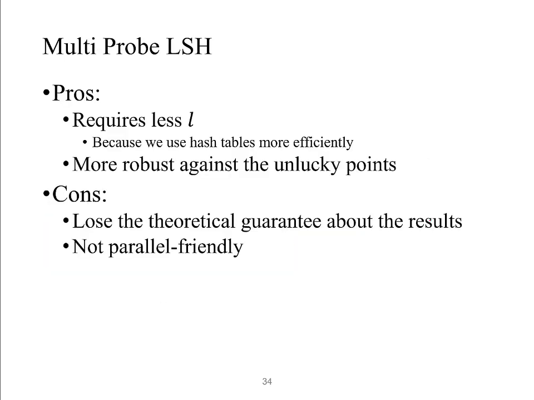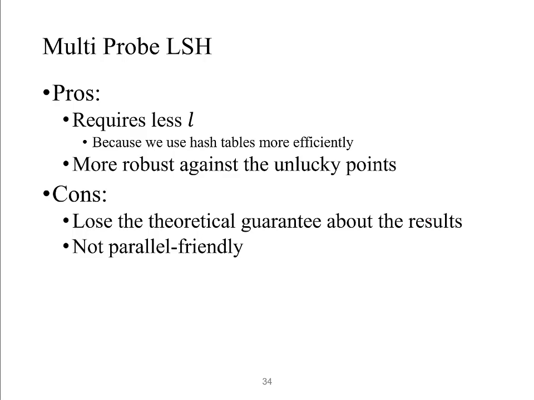And now let's look at the advantages and disadvantages of multi-probe LSH. So the good thing is that it requires less L because it uses hash tables more efficiently. So it no longer needs that much L. So reducing the number of L also reduces the space cost and the time cost for the index construction, right?